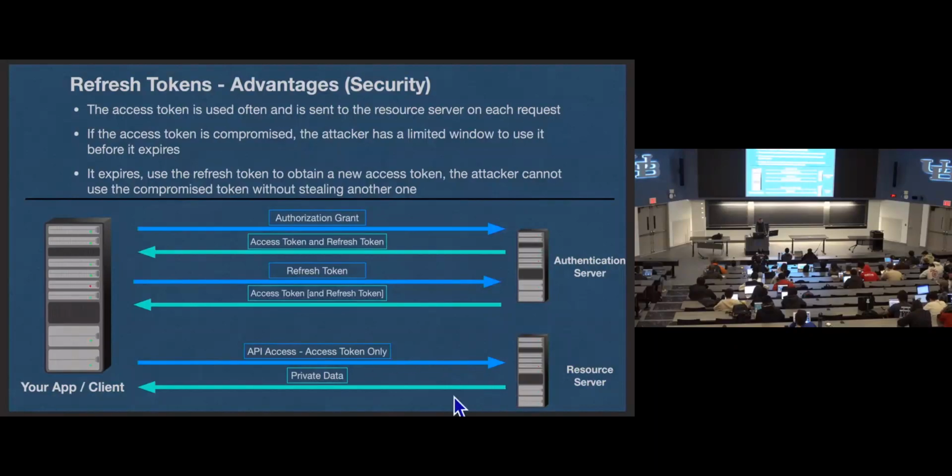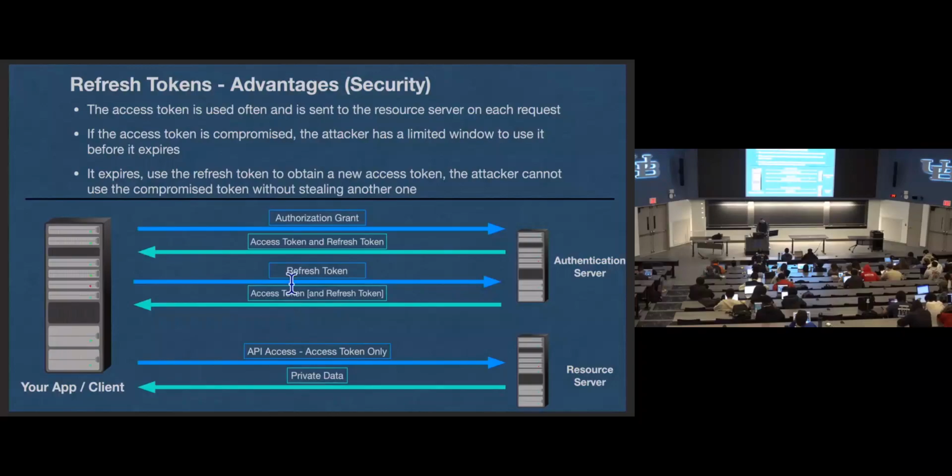But if this is compromised, then the attacker has that limited window. The token's good for an hour. If they attacked it right away, they have 1 hour to use that access token to do whatever attacks they want, which admittedly is a lot of time for an attacker. And then after that, that token is invalid.